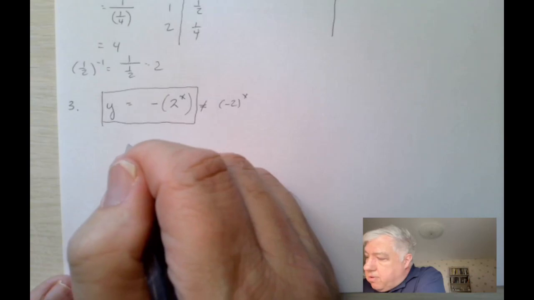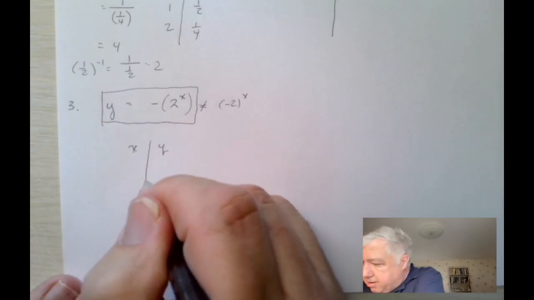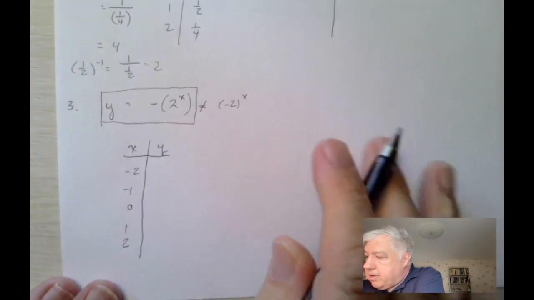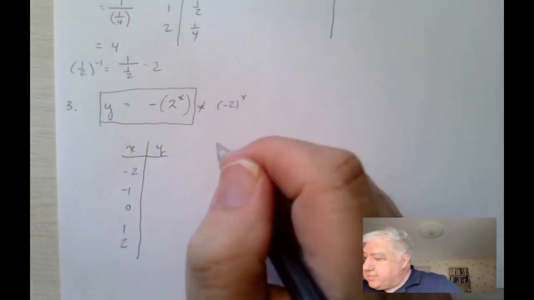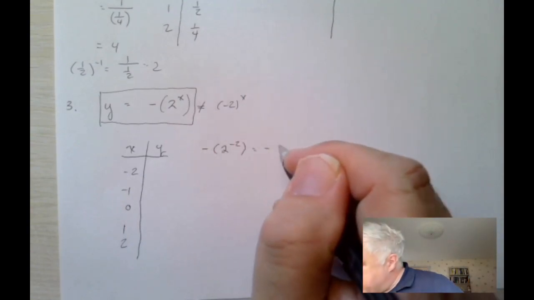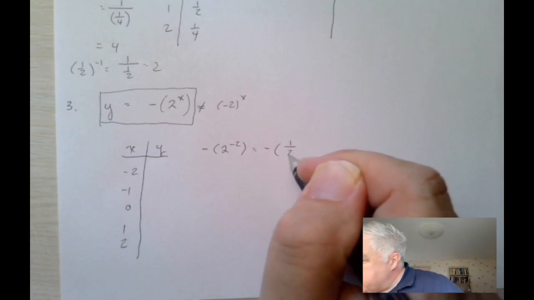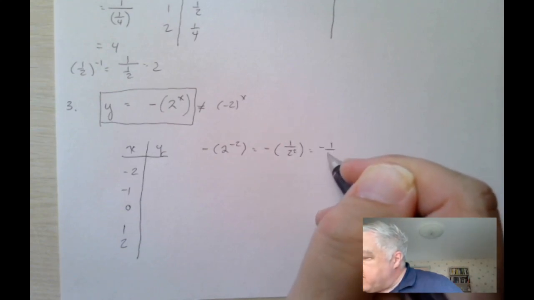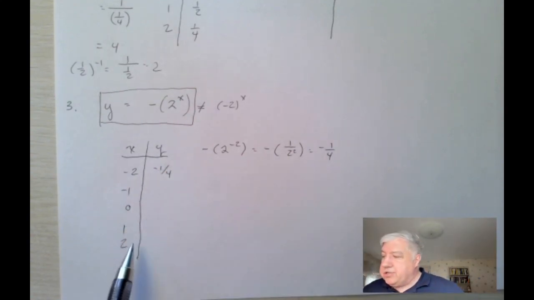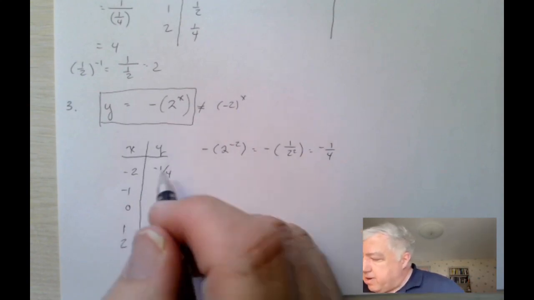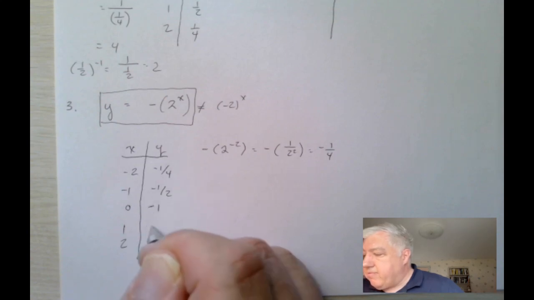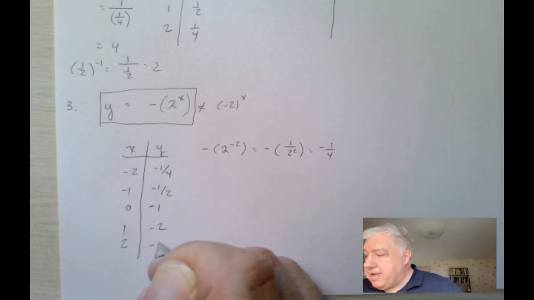Let's plot some points here. Negative 2 to the minus 2 would be negative 1 over 2 squared, or negative 1/4. You can check that this would be negative 1/2. This would be negative 1, this would be negative 2, and this would be negative 4.